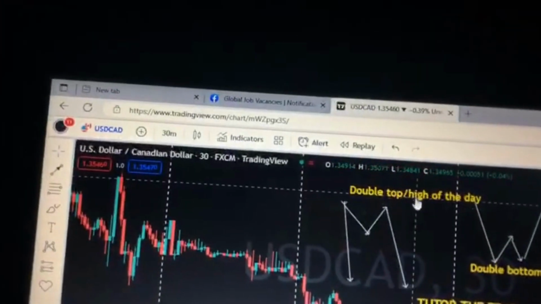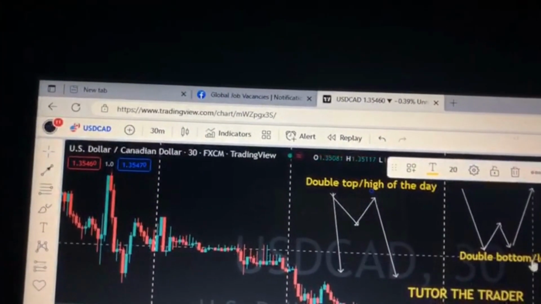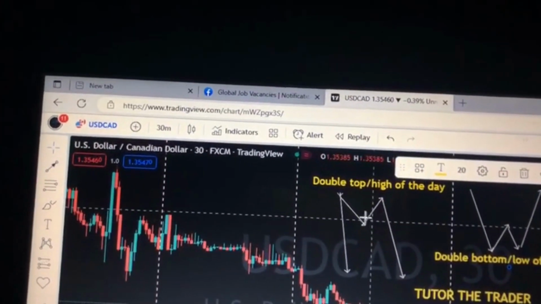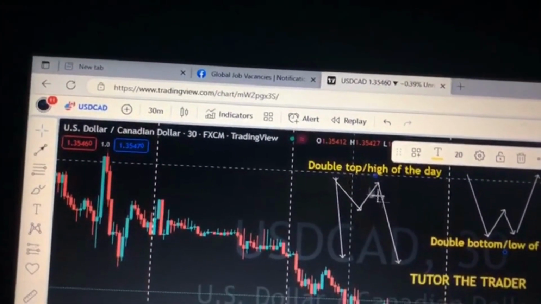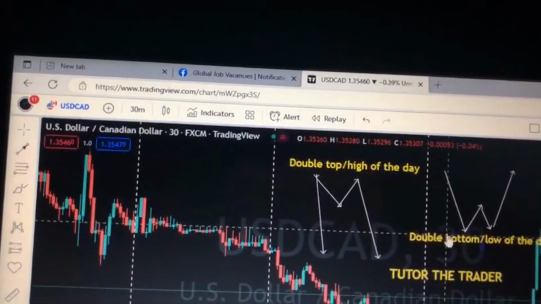Now I call this double top or high of the day or double bottom low of the day.